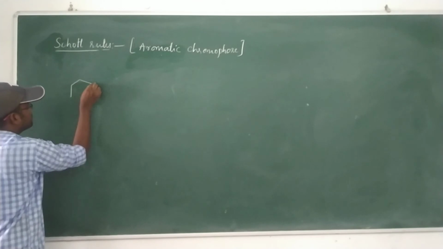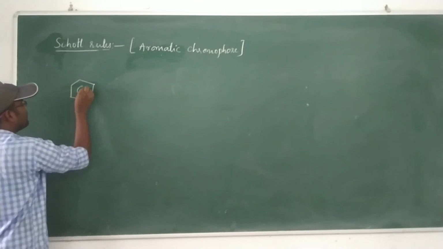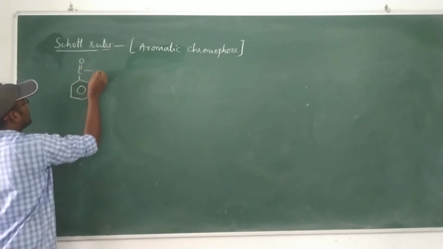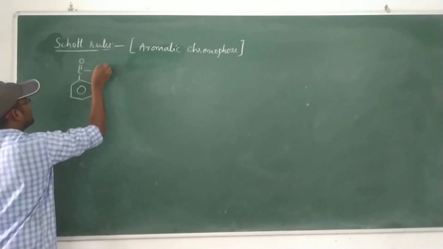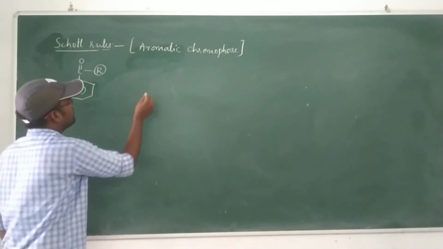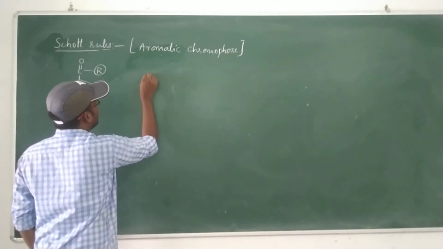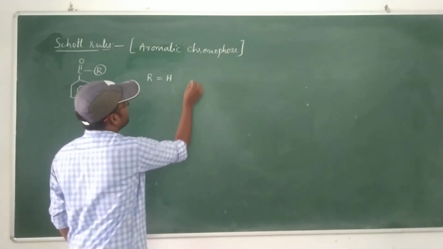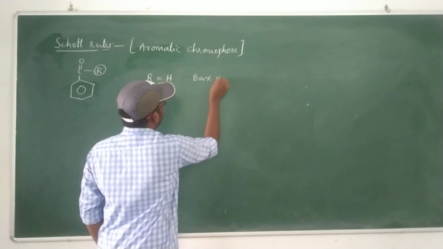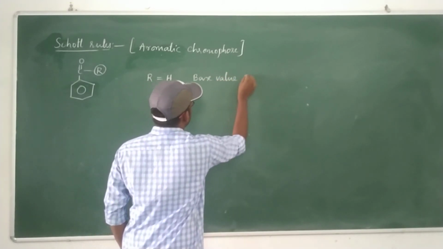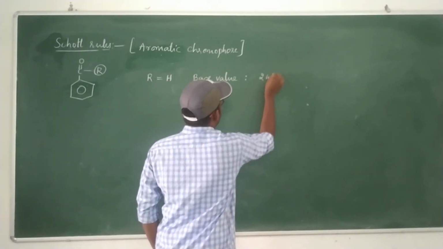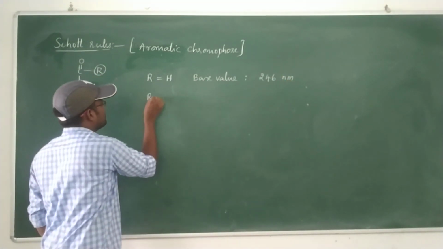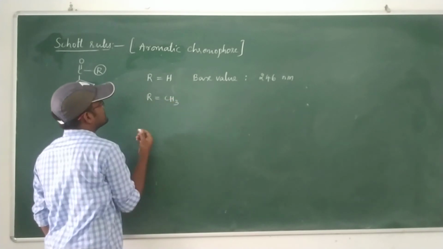Aromatic carbonyl compounds look like C=O with a group R. If R is equal to H, it is an aldehyde, and the aldehyde has a base value, that is a parent value, of 246 nanometers.